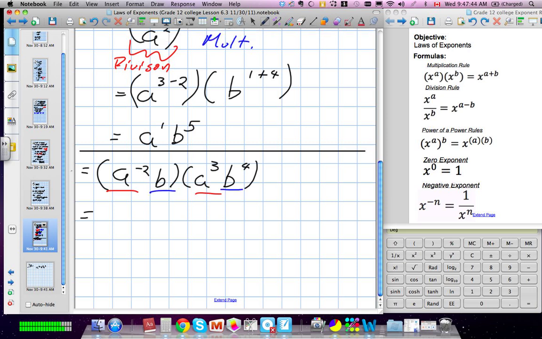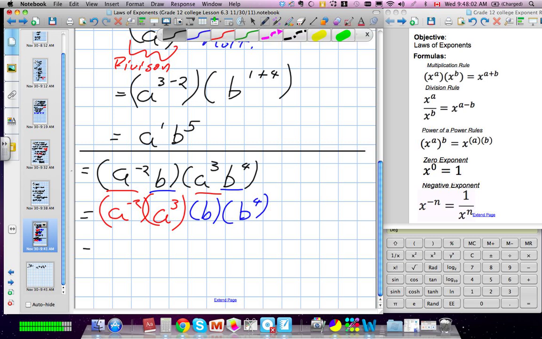So I would have a to the -2 times a to the power of 3 and b times b to the power of 4. We would have got 1 base, a -2 plus 3, and b 1 plus 4, a1, b5. Much faster.